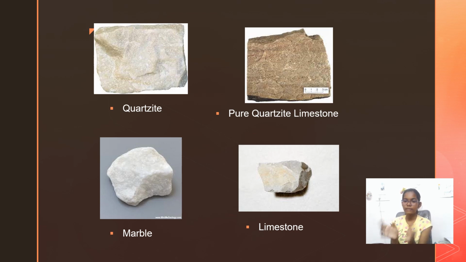Like limestone was the parent rock at first, but due to some conditions, it turned into another parent rock that is marble. So the main parent rock turned into a metamorphic parent rock that is marble. In the same way, the pure quartzite limestone turned into a metamorphic rock that is quartzite. And all four are parent rocks.